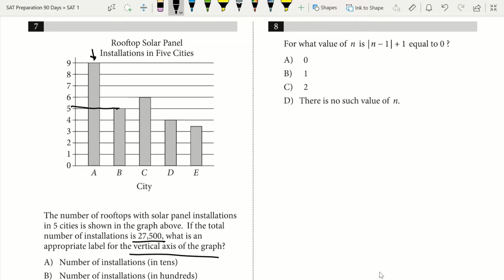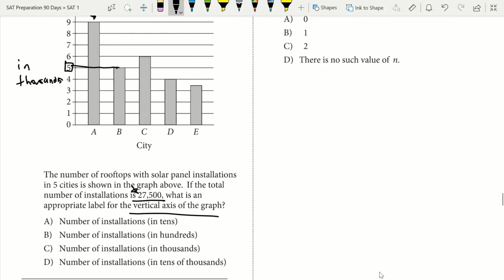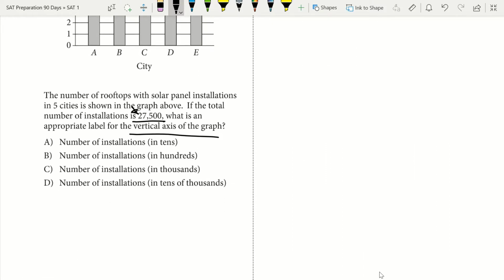So 5 times right around 5,000 gets me near 27,500. So this would have to be in thousands, because we'd have 9,000 plus 5,000 plus 6,000 plus 4,000 plus 3,000, which gives us right around 27,000. So our answer is choice C.